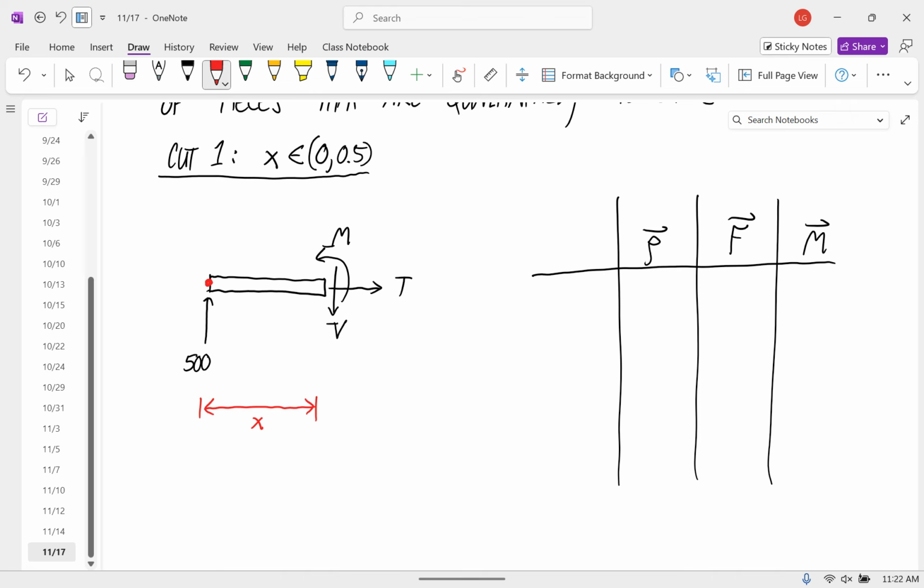It's just going to make the math simpler. So first, the 500 Newton force. The row vector is 0. The force is 0, 500. The moment is 0.